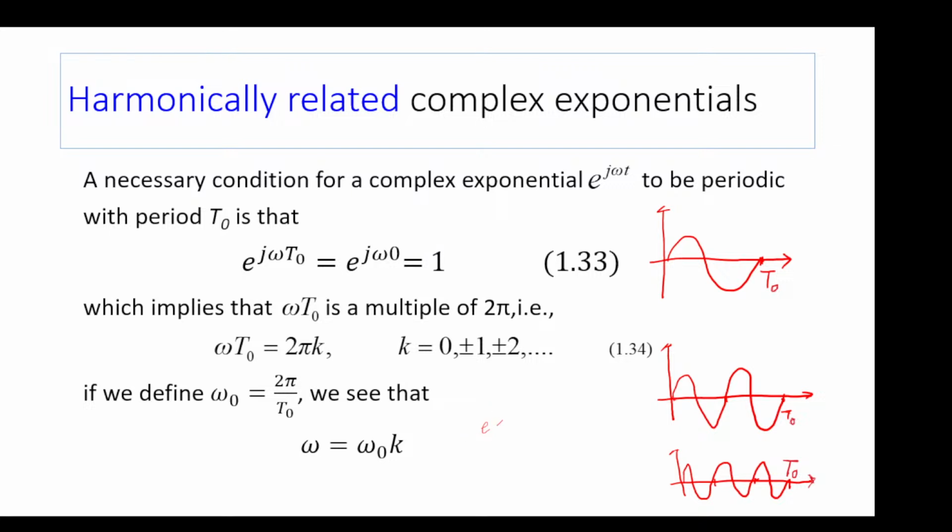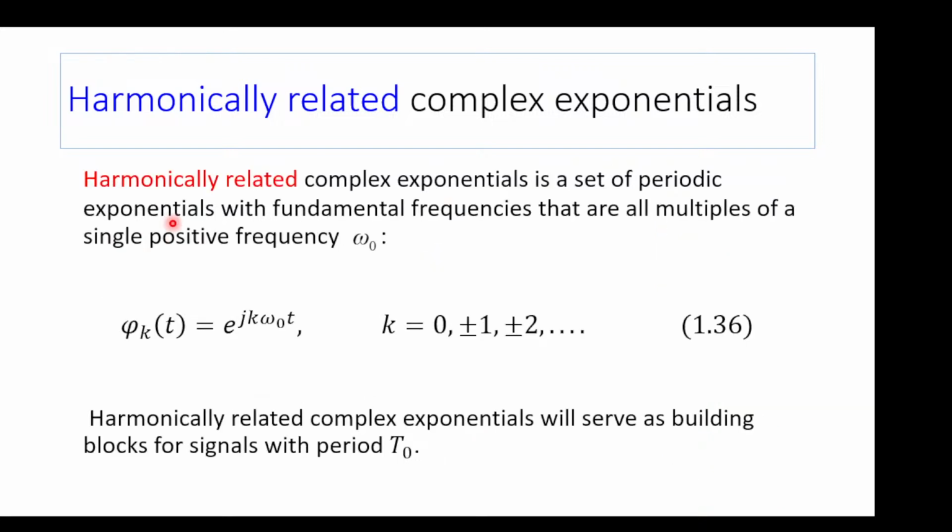You can check that this is sufficient for the signal to be periodic with period T naught. So those are what we call harmonically related complex exponentials.